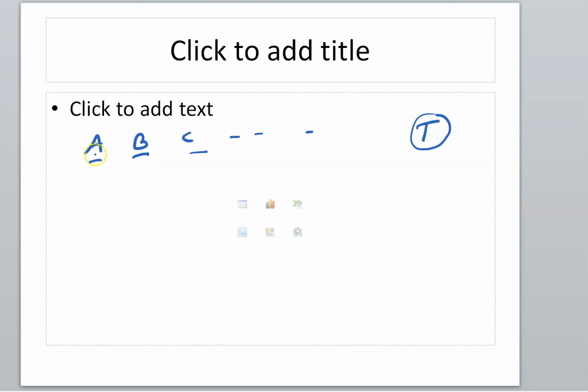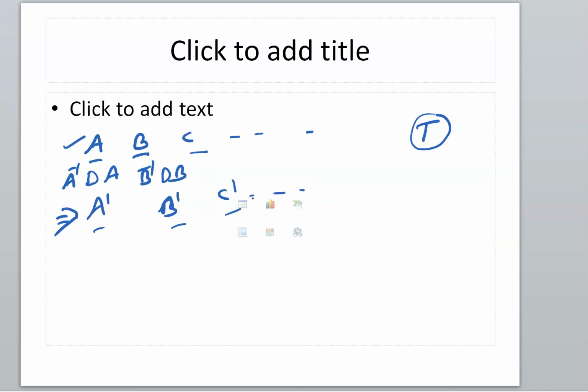For example, if we similarity transform A as D inverse A D, we get A dash, and B as D inverse B D, we get B dash, and similarly C dash, etc. This is also another representation of the group. A B C is a matrix representation, and A dash B dash C dash will be another representation. Okay, and these similarity-transformed matrices can be block factored into smaller-dimensional matrices.